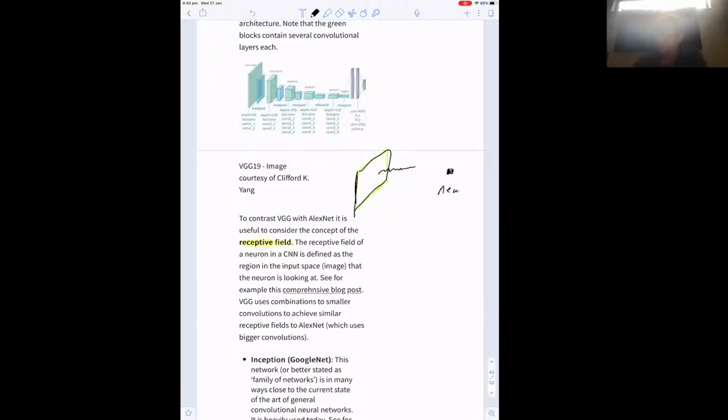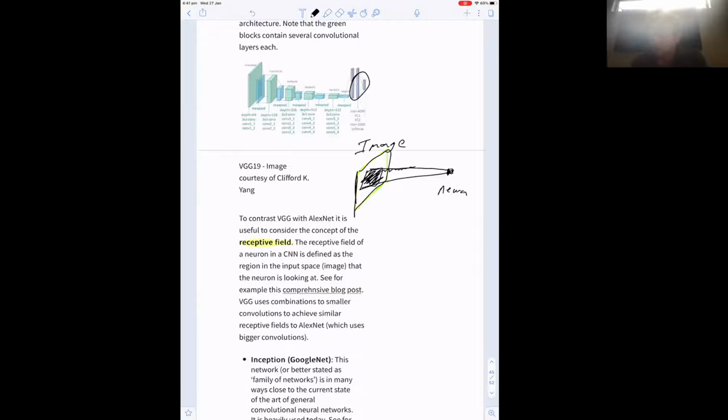So this is a neuron, and this is the original image. The receptive field, we don't have to speak about a neuron and just the original image. We can speak about any image back. For every neuron you'd be interested in what part of the original image maps to that neuron. We should hope that if this neuron is towards the end of the network, all parts of the original image map to it, right?